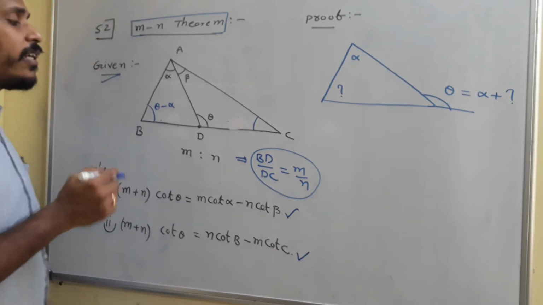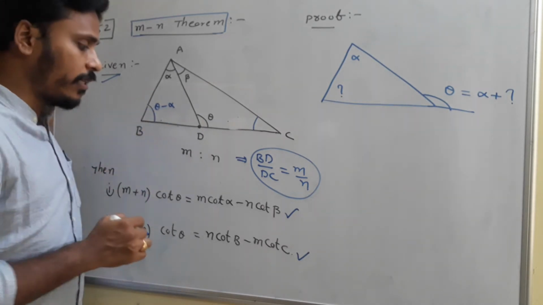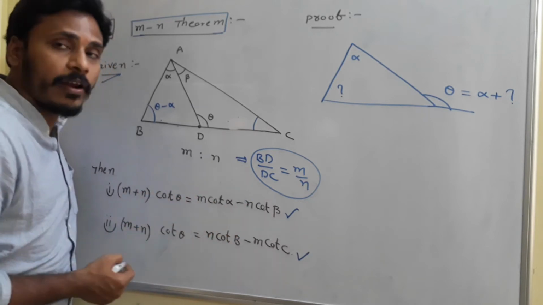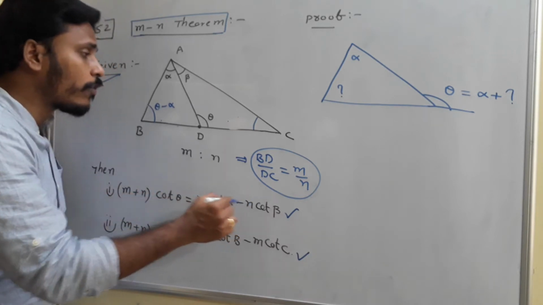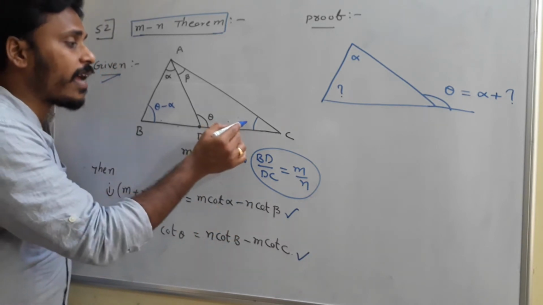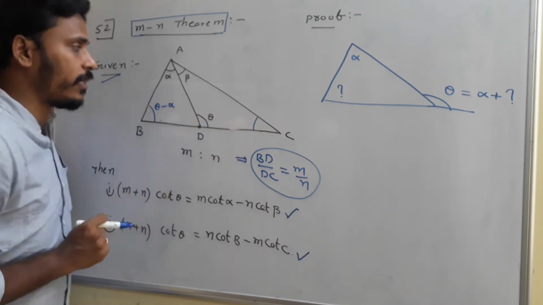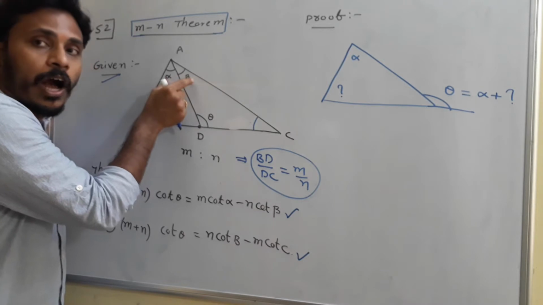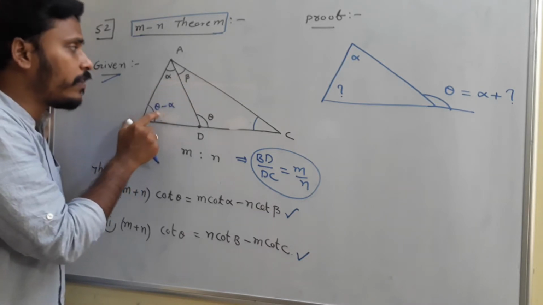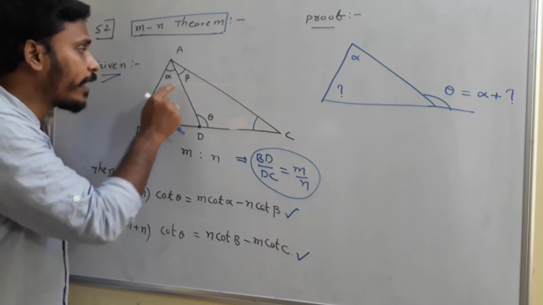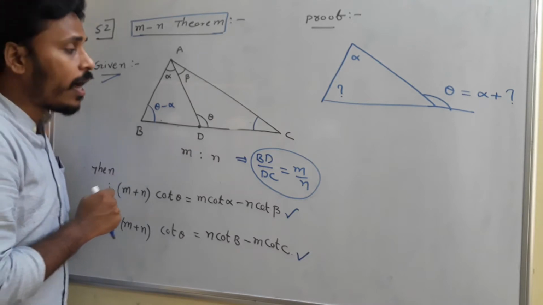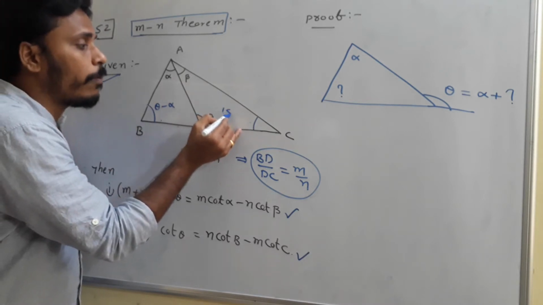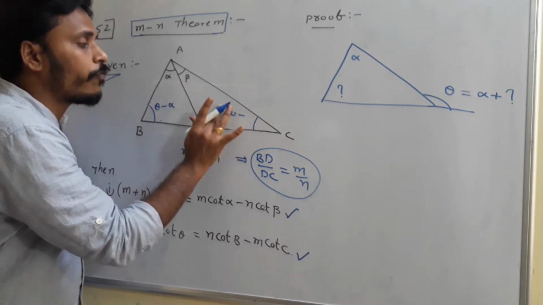Again I need it in terms of alpha, beta, theta, because I am going to prove the first one. If you add angle A, alpha plus beta, and angle B, theta minus alpha, you get theta plus beta. That's why this angle becomes 180 minus of theta plus beta.